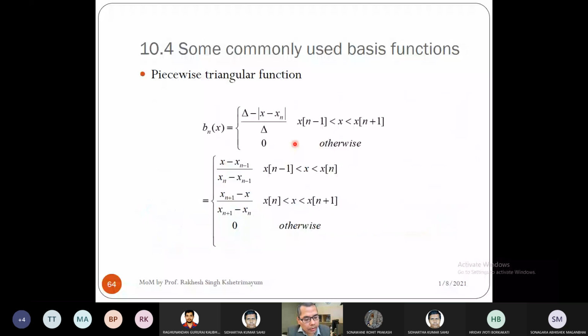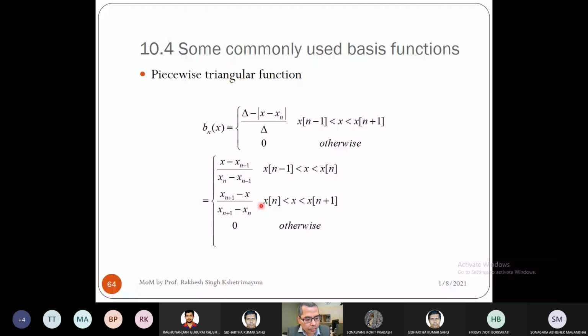If I want to write a line with a positive slope, I should have a positive value of x here. So this is the equation. Over xn minus 1 to xn, I have a line with positive slope: x minus xn minus 1, divided by delta. That's the equation of the line with the positive slope in the first interval. In the second interval, you have a line with a negative slope from xn to xn plus 1.